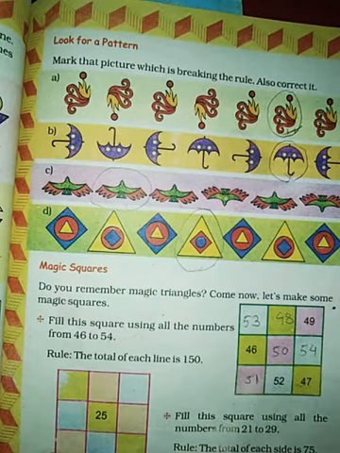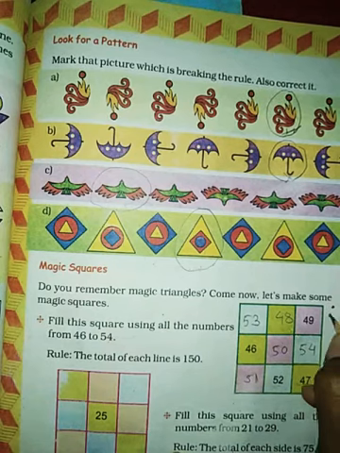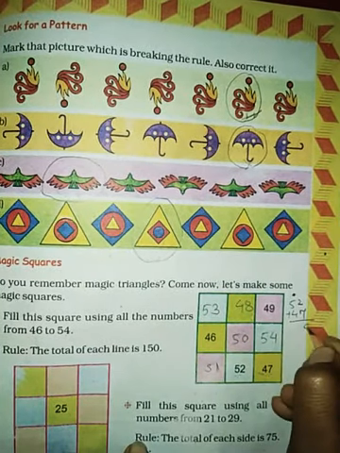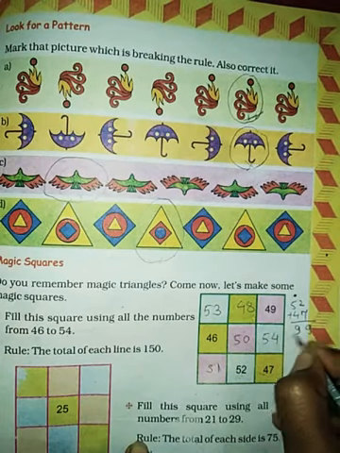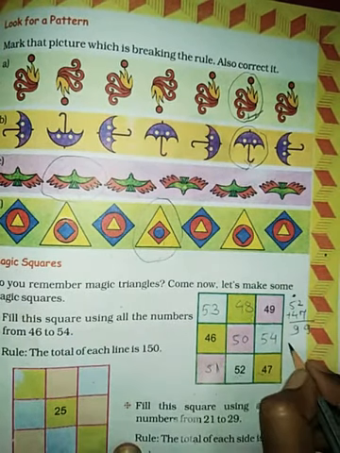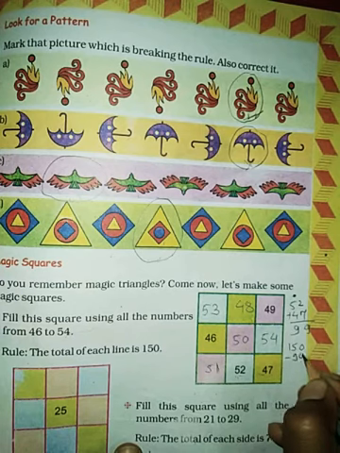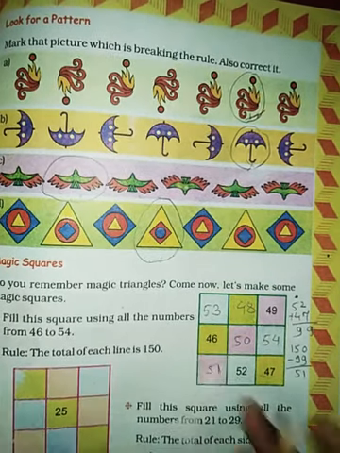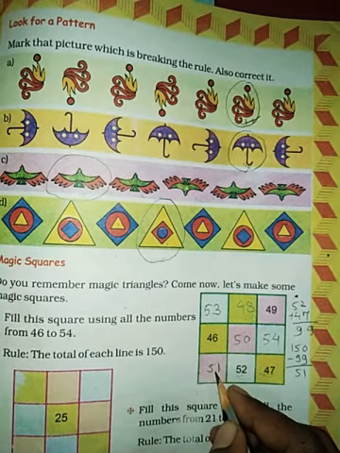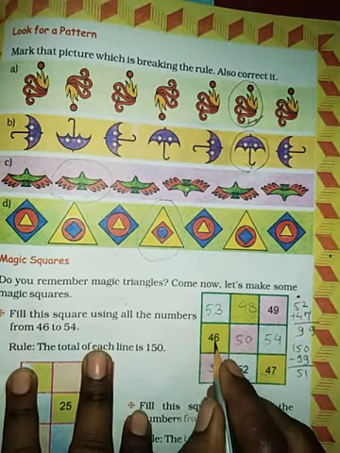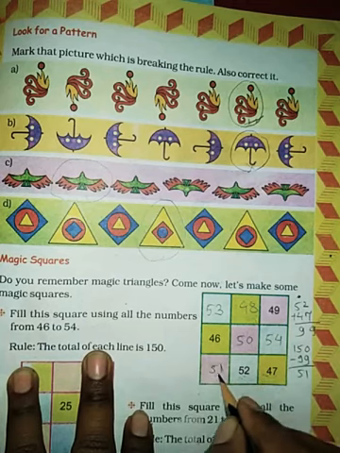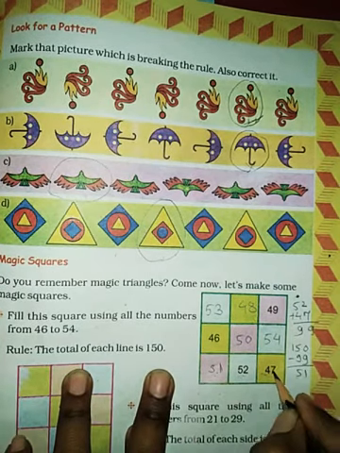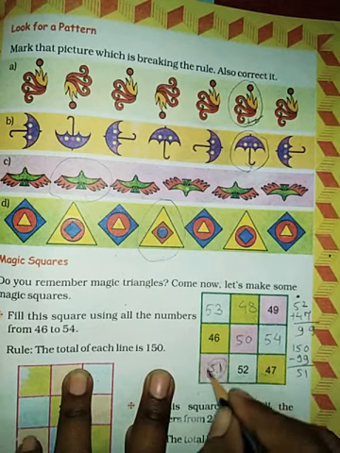Now 52 plus 47 is 99. Now 150 minus 99, you'll get 51. Now you have to put 51 here.